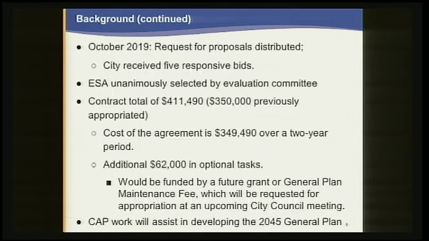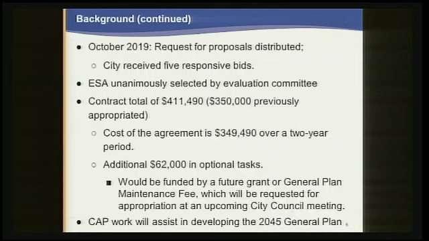We have additional optional tasks, roughly $62,000, which we may not use. We may choose not to utilize the general plan maintenance fee, and instead use those funds to pay for those additional optional elements. We have applied for grant funding to make up that difference, but we wanted to have the opportunity to potentially use ESA for those tasks.